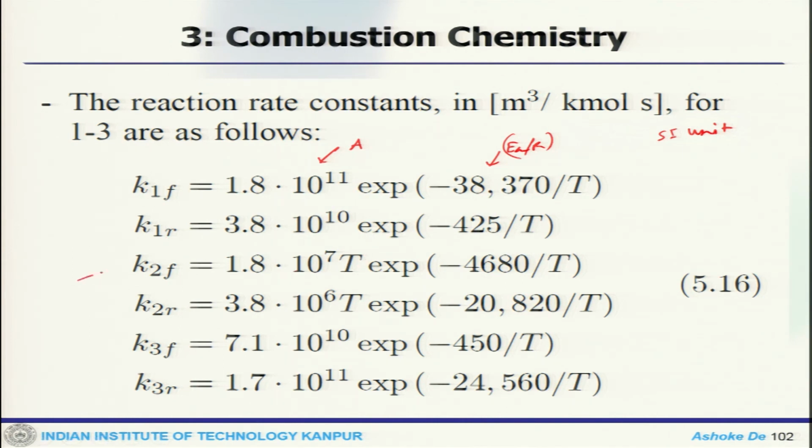So, in this particular case you get an exponent of 1, so that n is 1 here. So, the second forward and reverse reactions contain a temperature dependence parameter, and these are the usual A, E by R, T. You can find these in any standard literature.